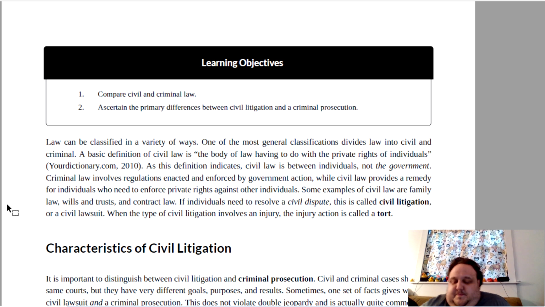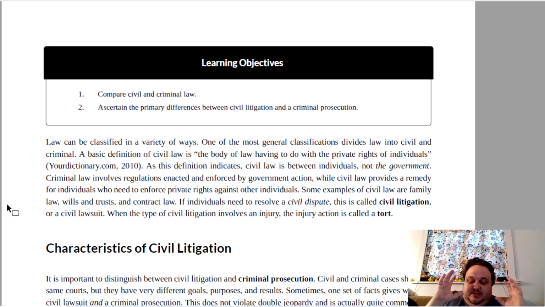All right. So in this class, our focus is on criminal law, and I did say we will talk a little bit about civil law. Obviously, we'll talk about it here, and we'll talk about it in some examples as we go. But we need to understand what the difference between civil law and criminal law is.